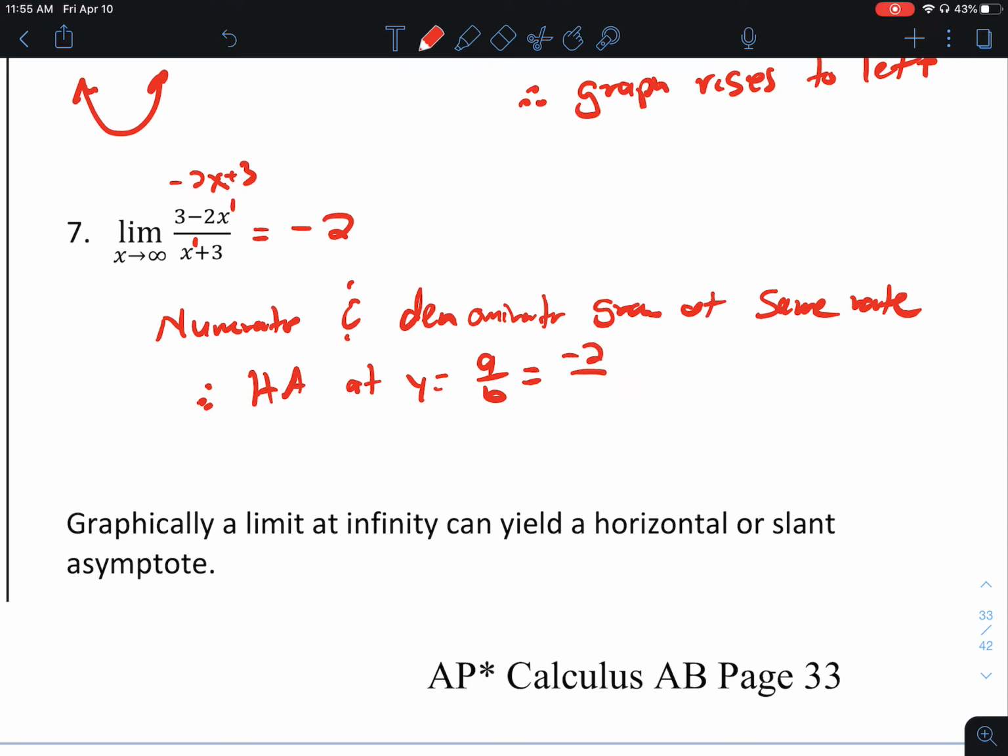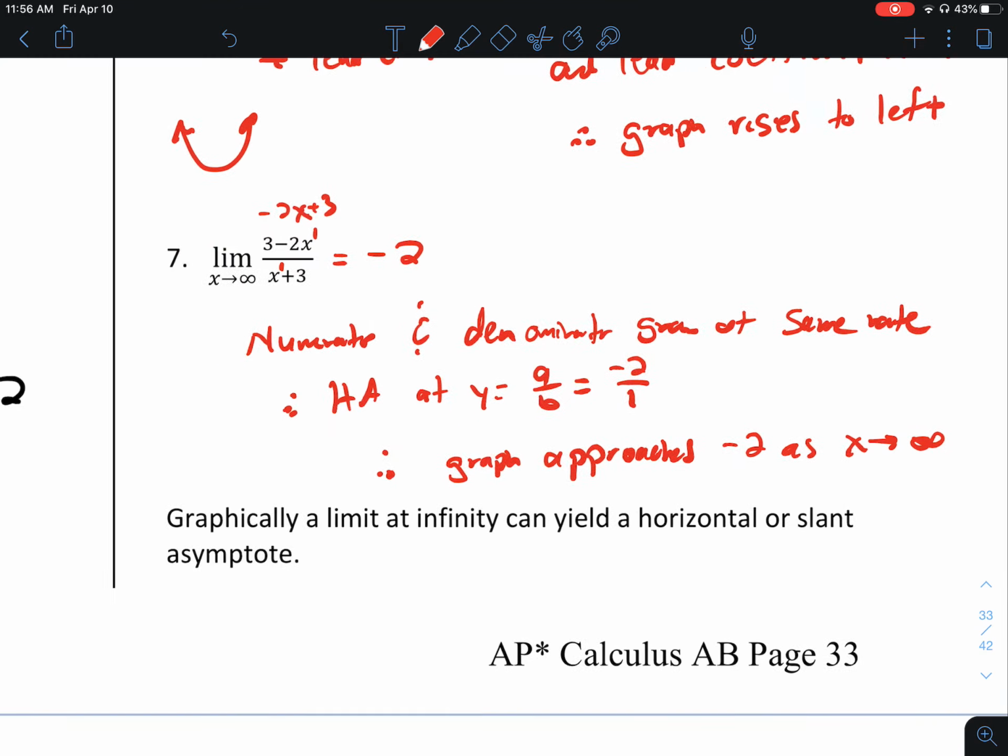A in this case is negative 2 and b is 1. Those are the lead coefficients in the top and the bottom. Therefore, the graph approaches negative 2 as x approaches infinity.